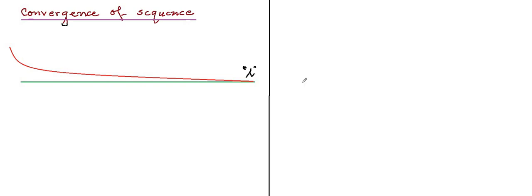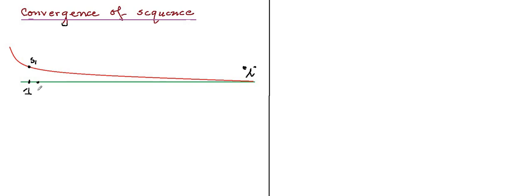As we have discussed, this graph can be considered as the sequence Sn. Suppose we get the value of S1 by putting n equal to 1, somewhere we get this value as S1.